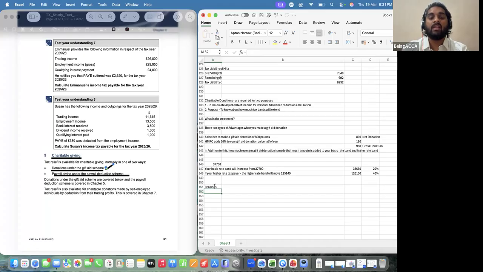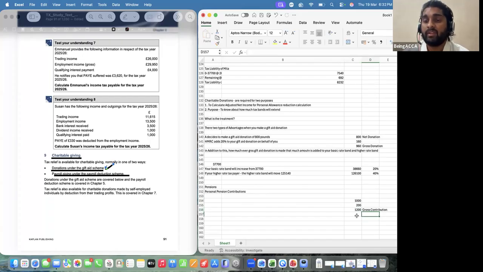But in pensions as well, there are two types. One is personal pension contributions, where an individual decides, I want to save some money for my future after my retirement. So every month or during every year, I want to put aside some amount into a pension contribution, and that amount will be treated in the same manner, which means if you decide to make a 1000 pension contribution, 200 will be added by HMRC, giving you a total gross contribution of 1200 pounds.